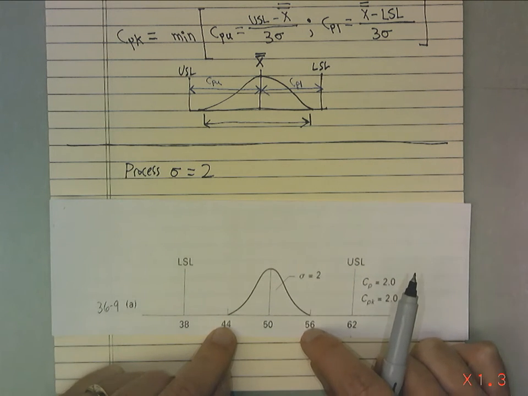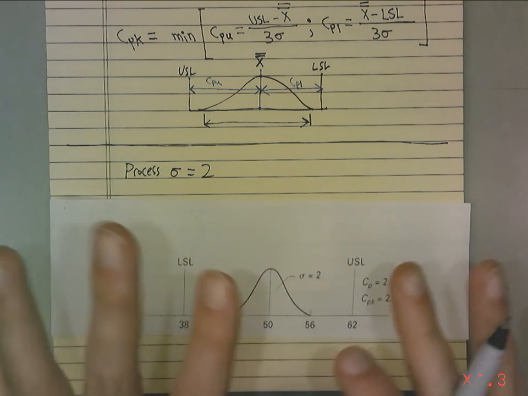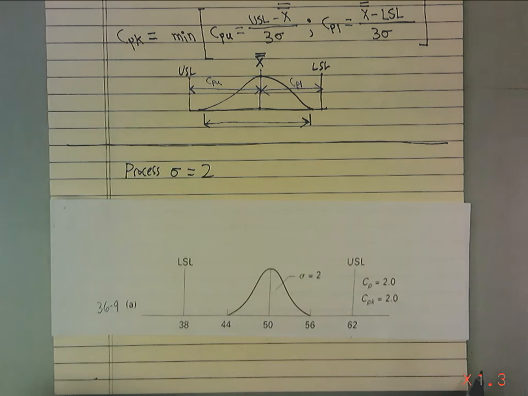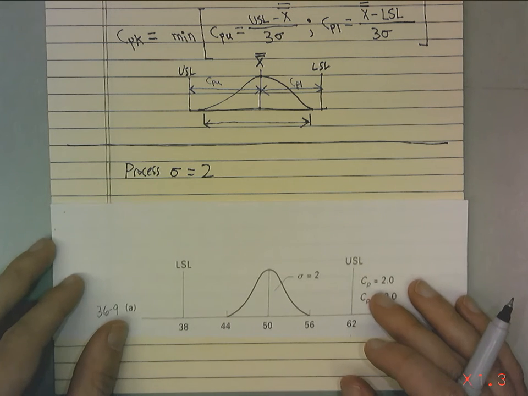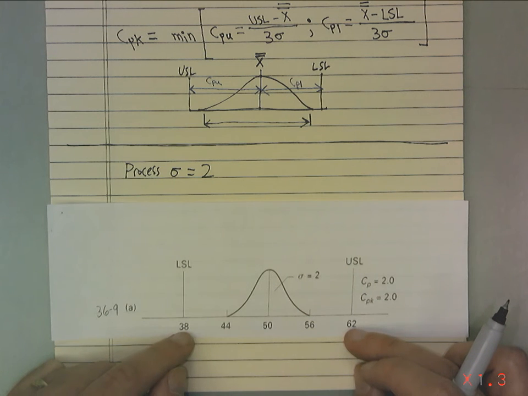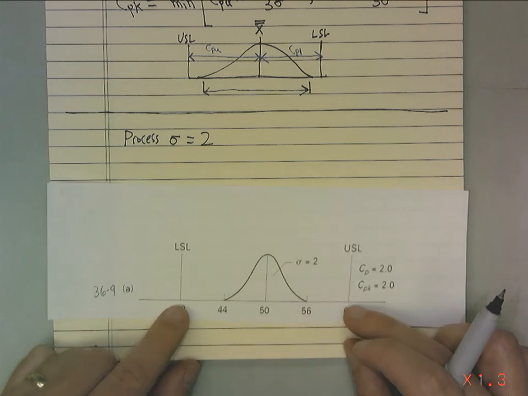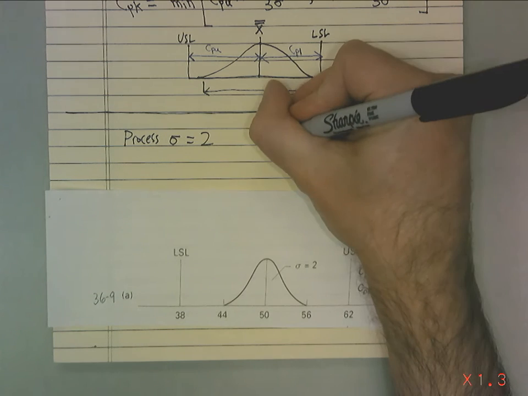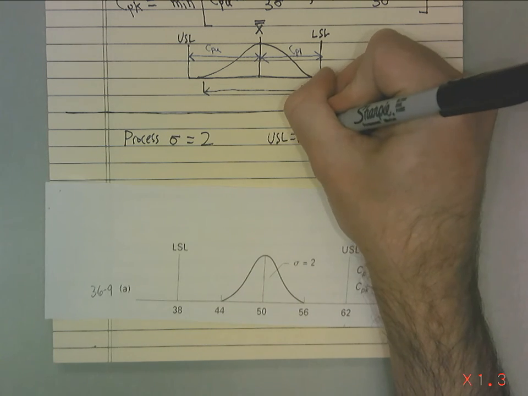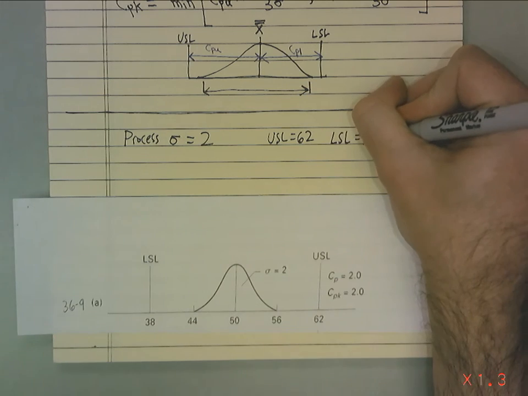I don't know if I'd be happy with buying 50 pounds of dog food and actually getting 44, but let's just run with it, okay? Well, let's say we're willing to sell between 38 and 62. Okay, it's not a good example, but let's run with it, okay? So our USL is 62, our LSL is 38.